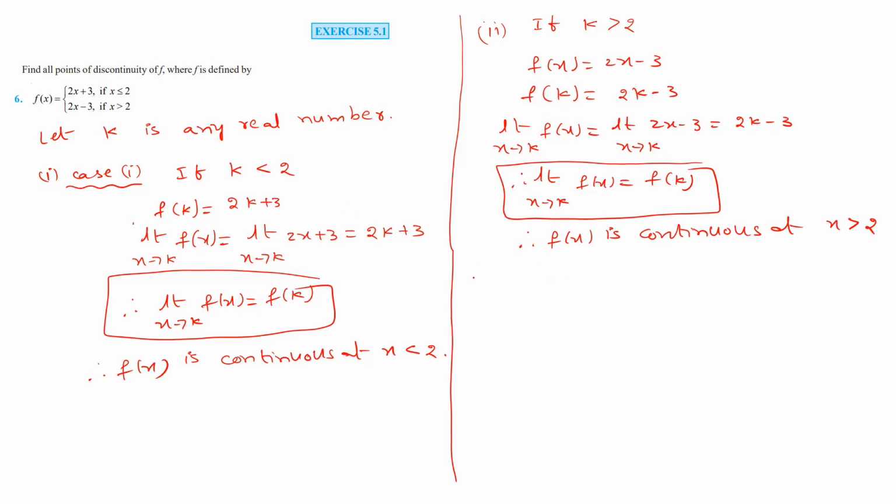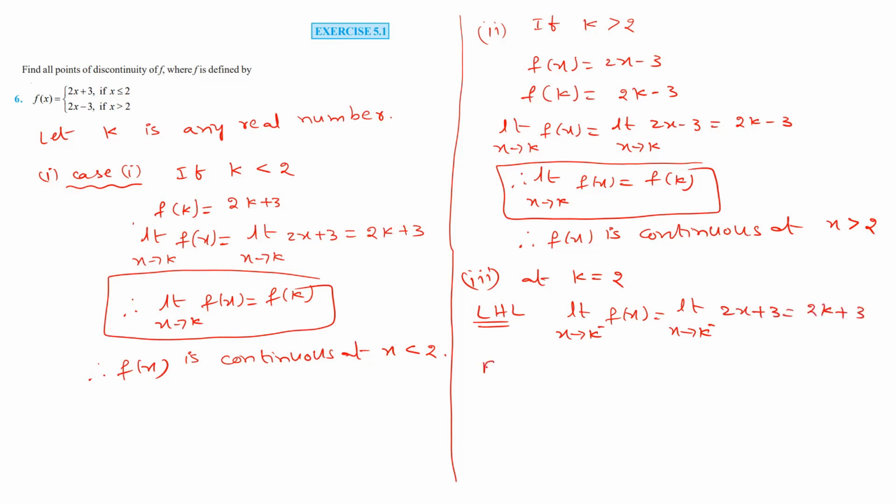Next we have to check at x equal to 2. That is the third case, k equal to 2. Here two limits are possible: the left hand limit and the right hand limit at x equal to 2. First we take the LHL: the limit as x tends to k minus of f of x, which is less than 2, so it is 2x plus 3, giving 2k plus 3.